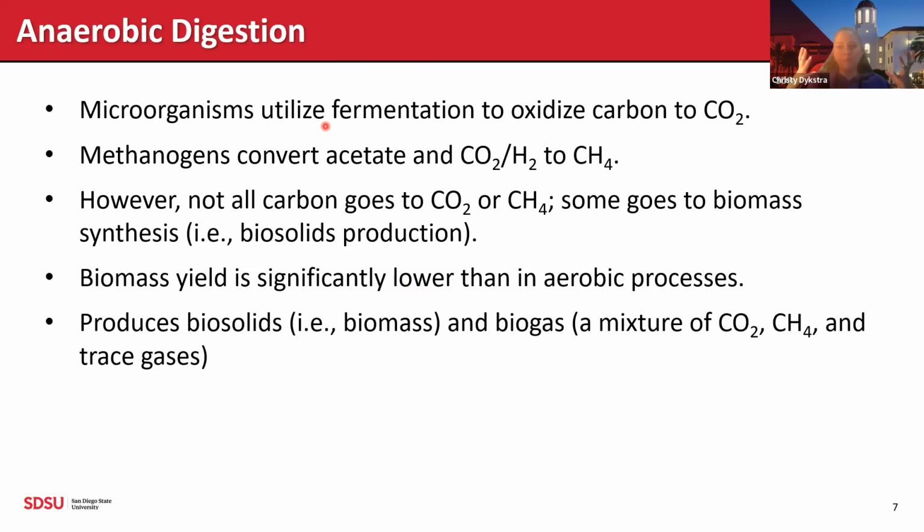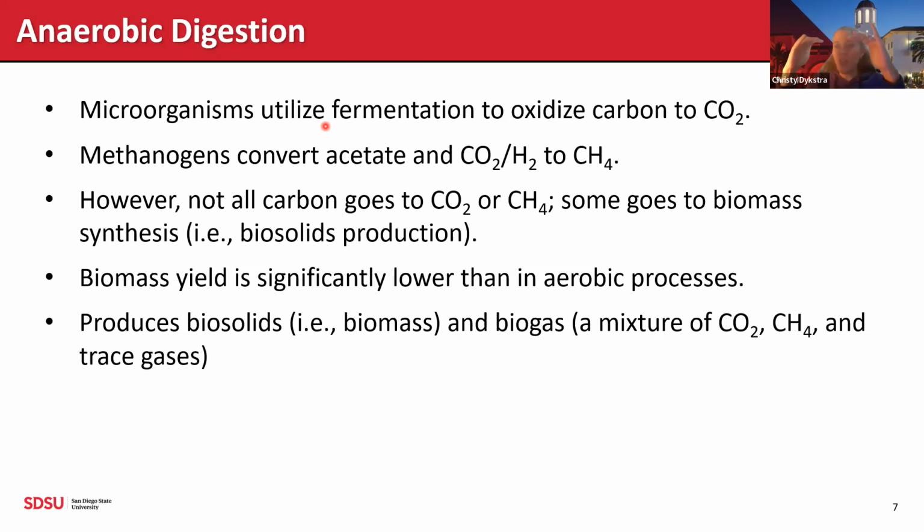Basically, microbes love to have an electron donor and an electron acceptor, and oxygen is their most favorite electron acceptor. If oxygen is not there, they start looking for other electron acceptors like nitrate, nitrite, sulfate, and so on.